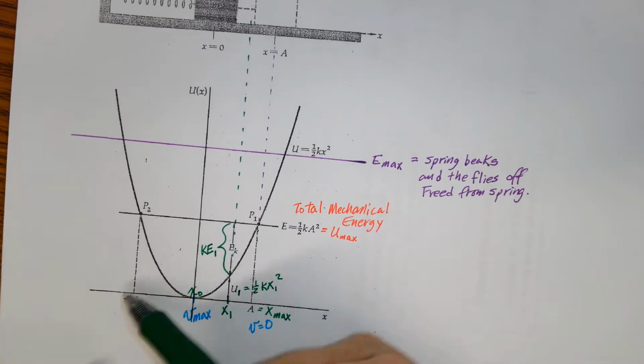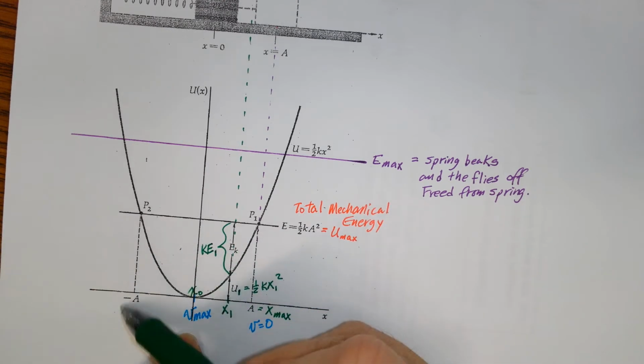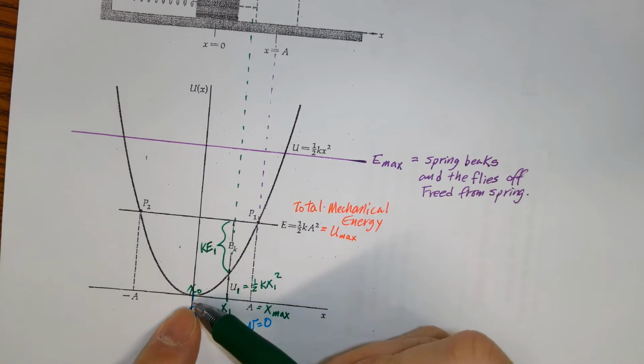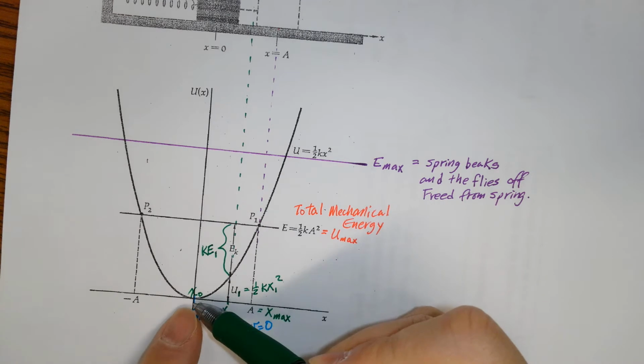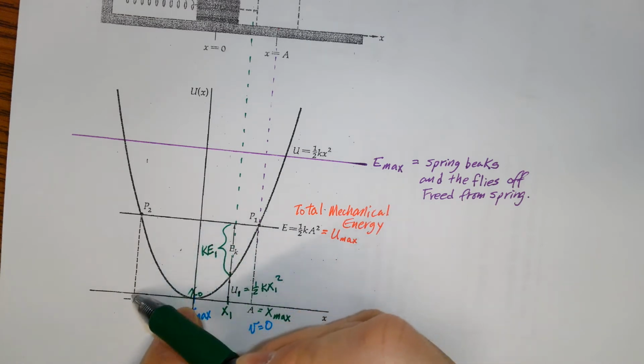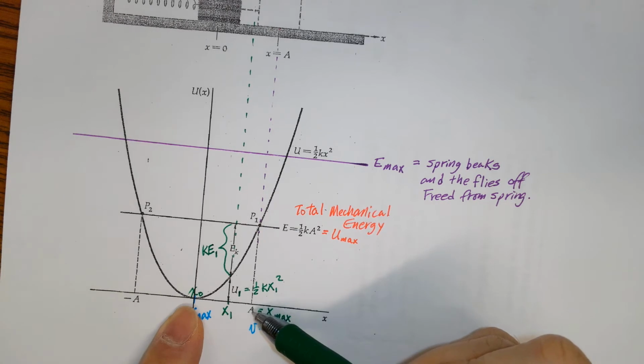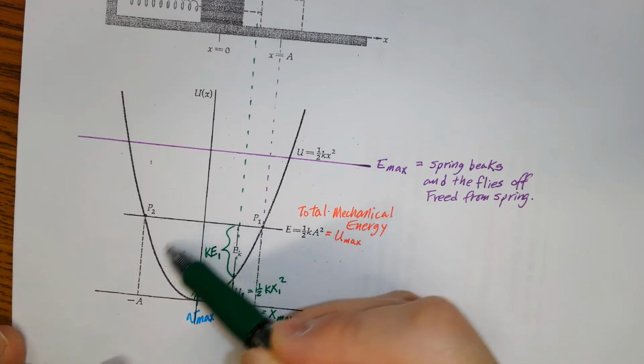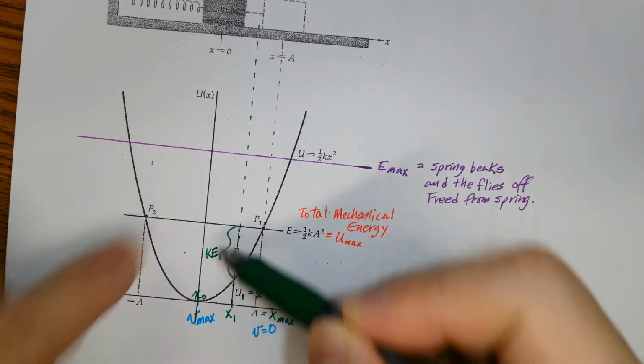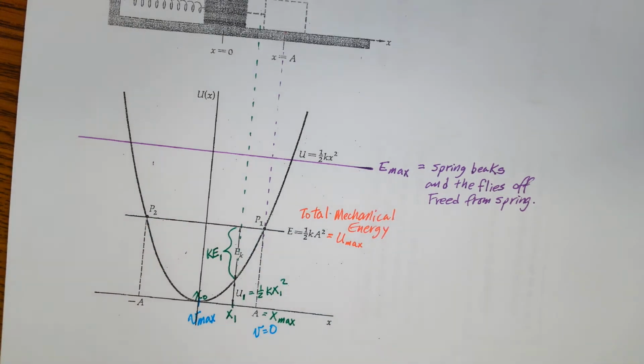Kinetic energy is the maximum at the equilibrium point, and minimum at the endpoints at amplitude. So it's sort of like the inverse of that for the kinetic energy function.